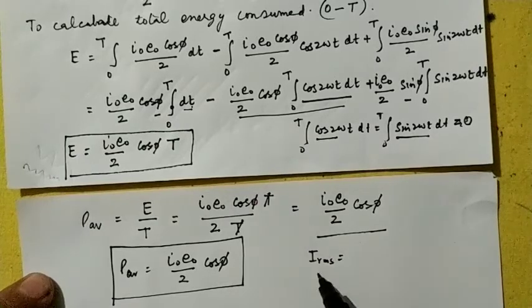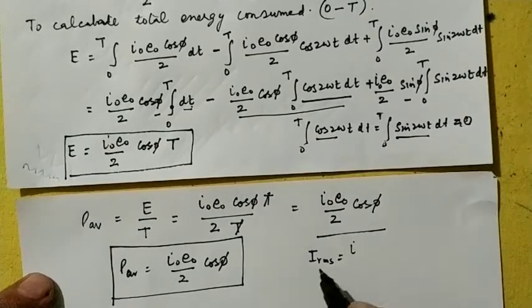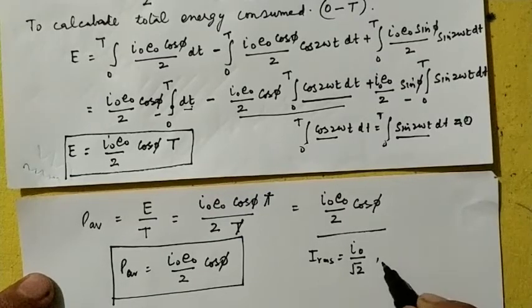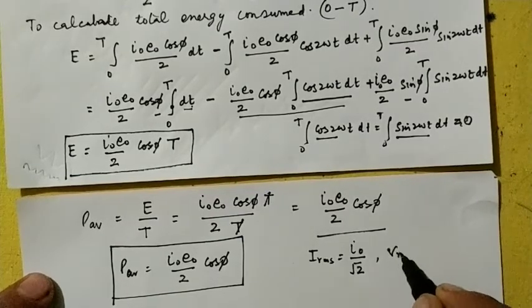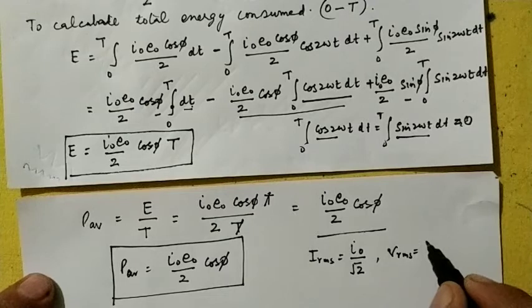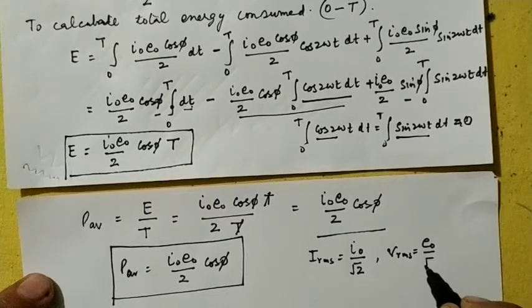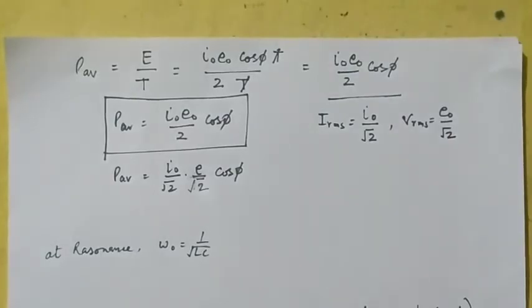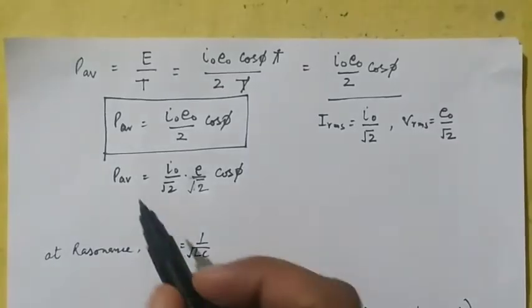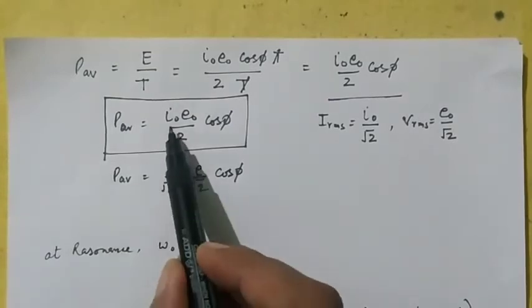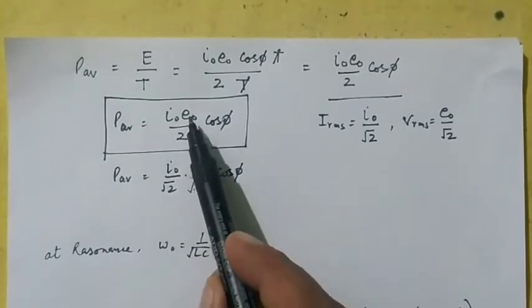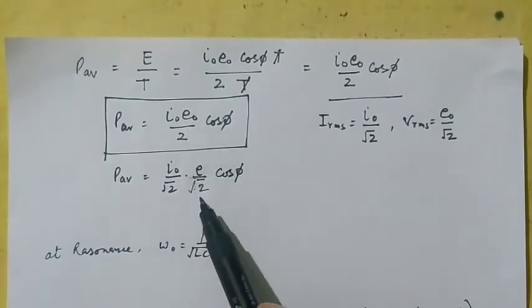We know that IRMS is equal to the peak value of current divided by square root 2. Similarly, VRMS is how much? It is nothing but the peak value of voltage divided by square root 2. So finally, what we get? The average power, we can write this above term, that is I naught by root 2 and E naught by root 2.